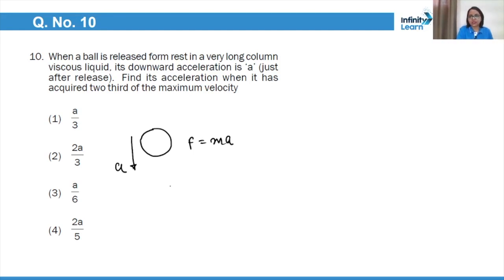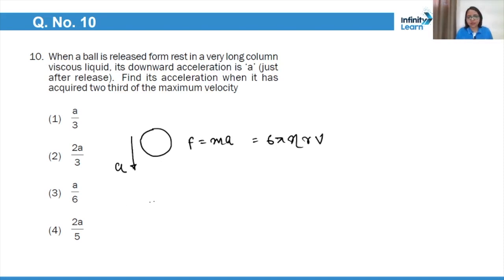When its velocity is maximum, the viscous force 6 pi eta rv will be ma. Net force will be 0 because of the terminal velocity. Terminal velocity is the maximum constant velocity of this spherical ball.